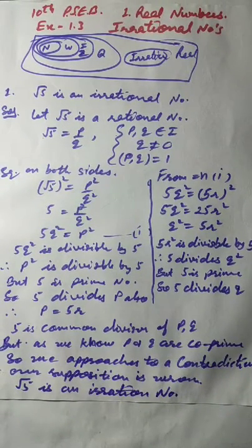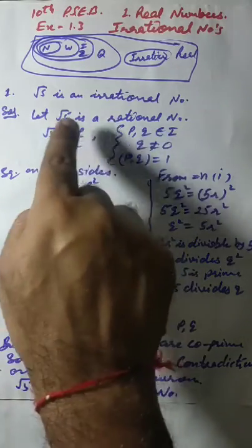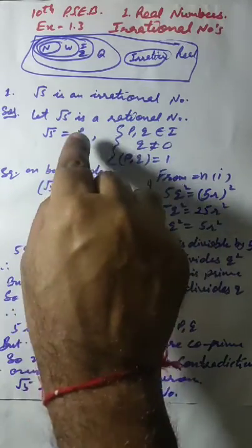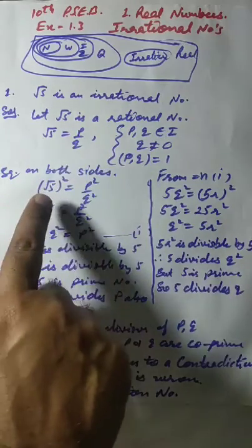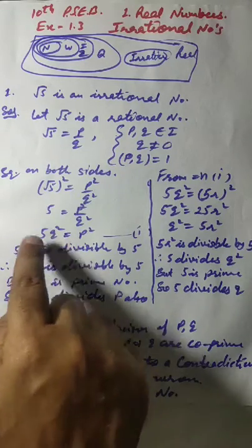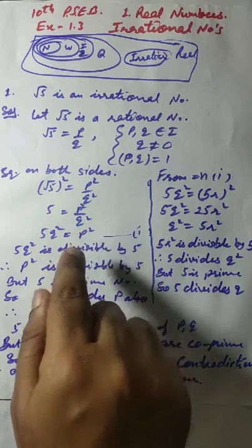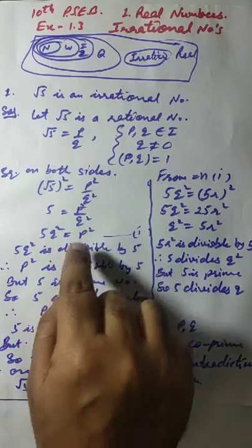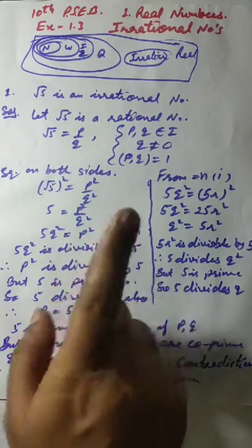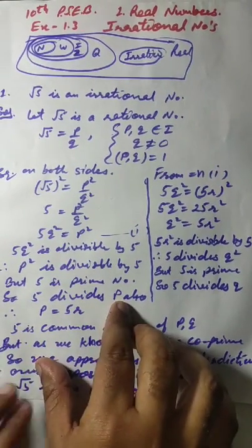Let us revise this very quickly. We are taking root 5 as a rational number, let us take it as p by q. Taking the square, we get 5q squared is equal to p squared. If the LHS is divisible by 5, then the RHS, p squared, is divisible by 5, but 5 is prime, therefore 5 divides p.